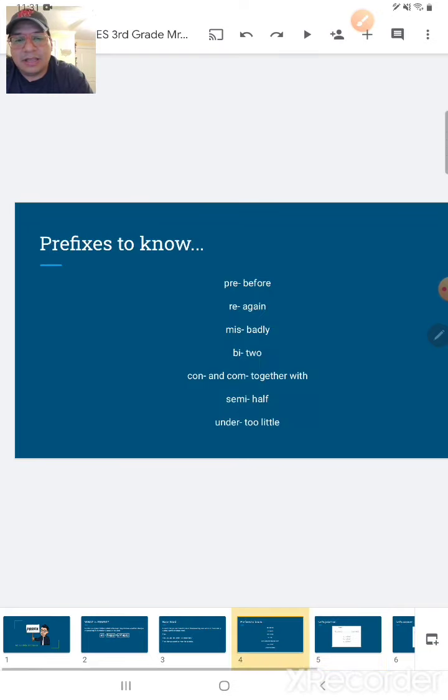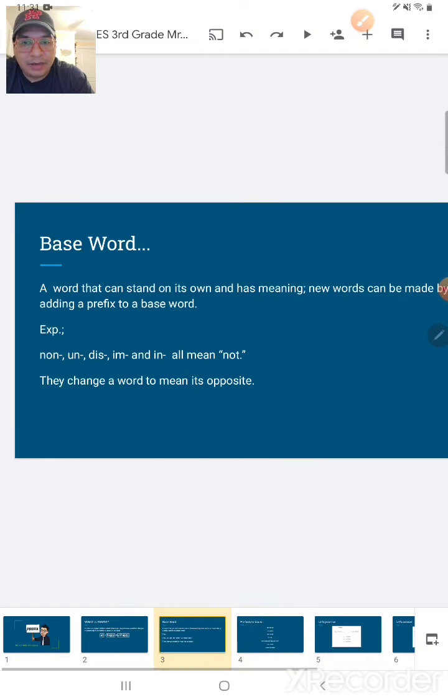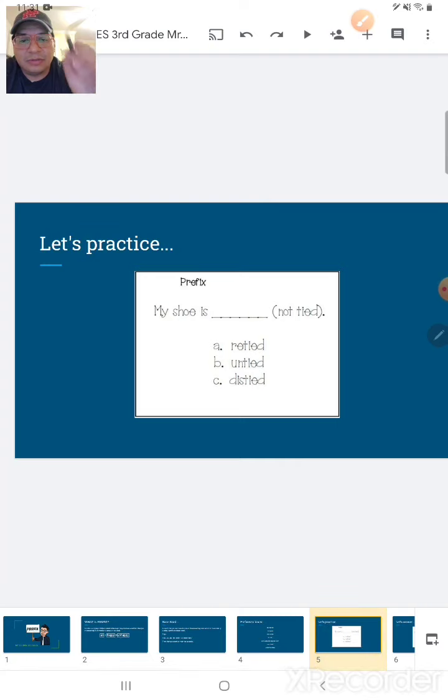Let's go to the slide. Here we have dis and un together. Look, un here and dis here, meaning not, or meaning the opposite. So those are the two choices we narrowed down to, untied and distied. Remember, unhappy meant not happy, and if I were to say distied, we've never really heard it, right?